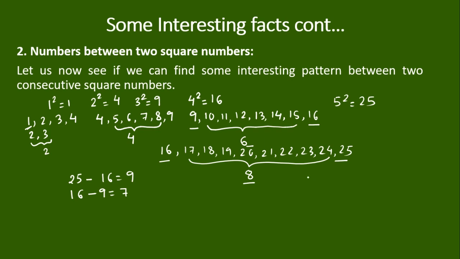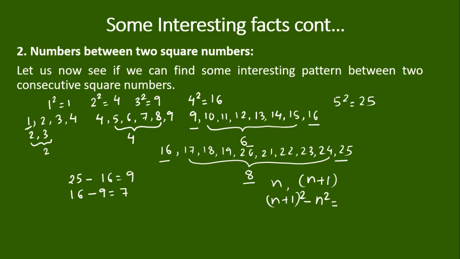So suppose we have two numbers, that is n and n plus 1. We want to find out the difference between n plus 1 square and n square. So n plus 1 square minus n square will be equal to how much?